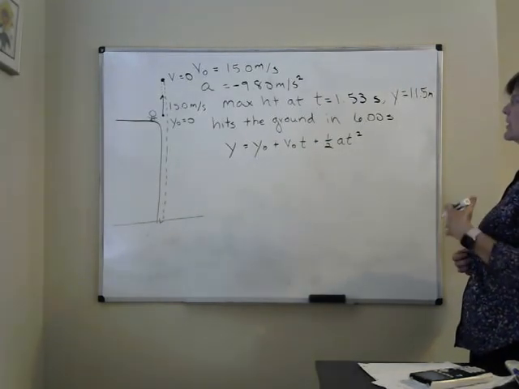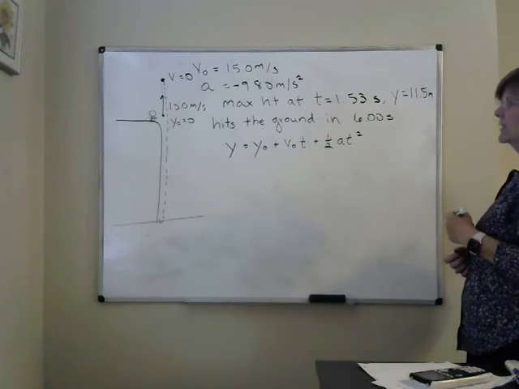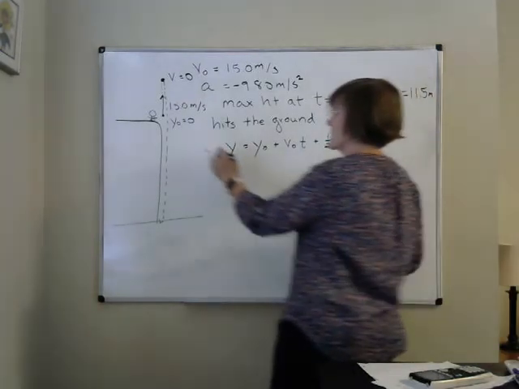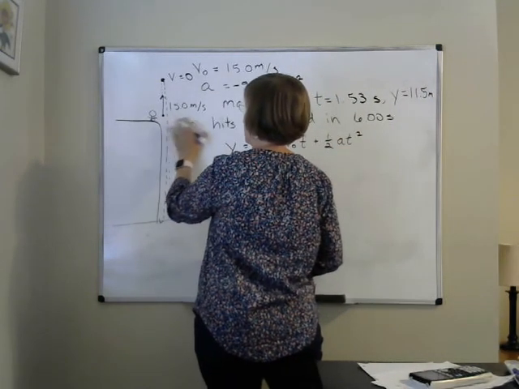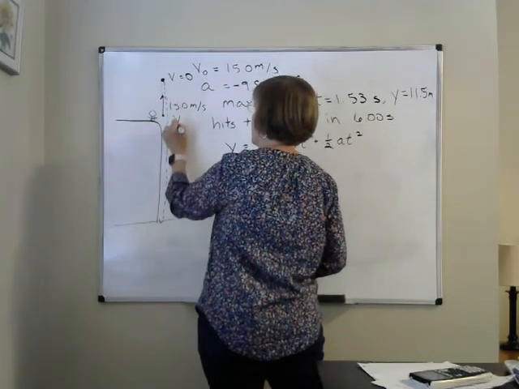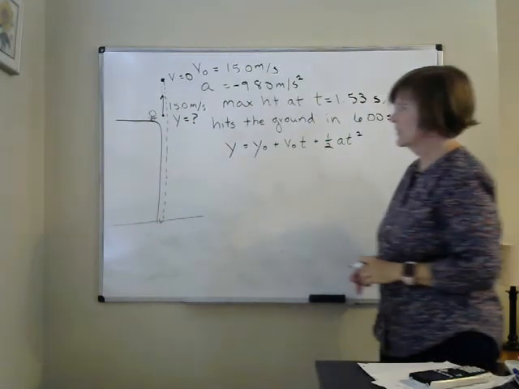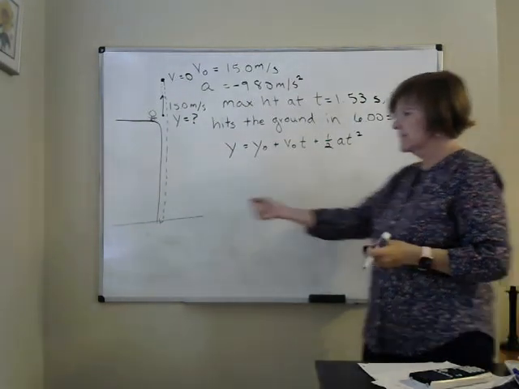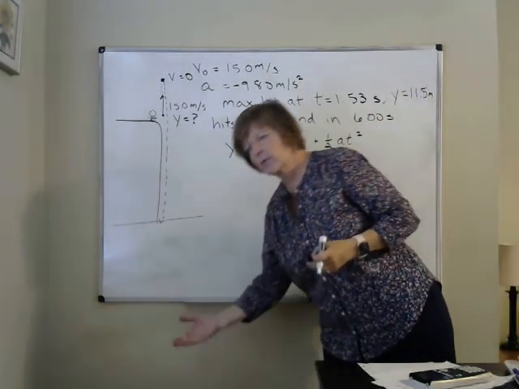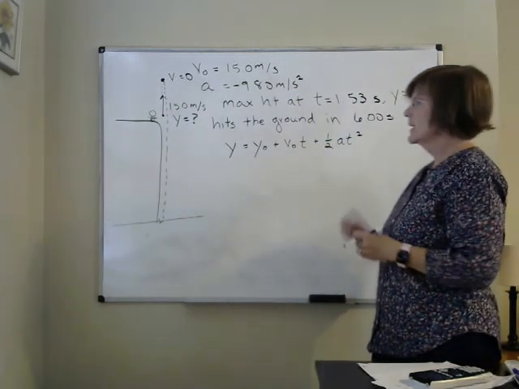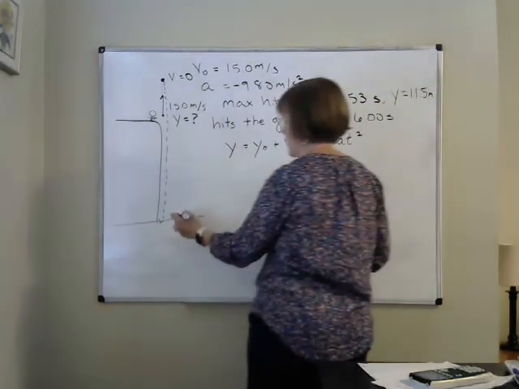If I want to know how high it was when it was launched, let's suppose I want to know this height, how tall this ball was thrown above ground. Let's suppose you held it, he might have even held it down where it was exactly the height of the cliff. This is going to be y equals 0.